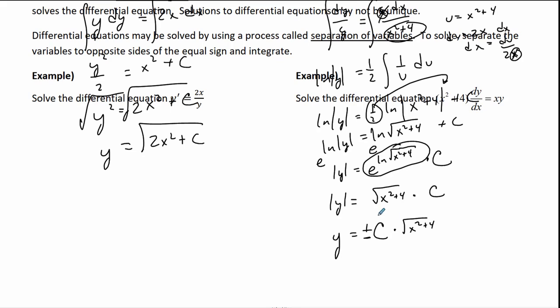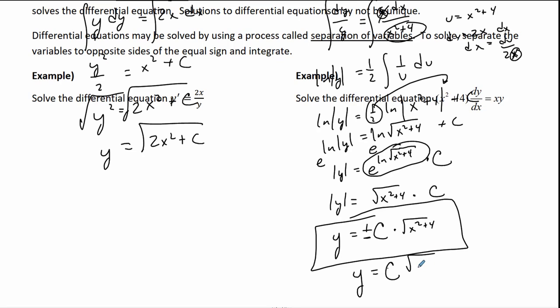Because this is your answer, more often than not, based on what the other work is, this is also going to be positive c square root of x squared plus 4. And the reason why is because c is still a number. So plus a number, minus a number, this is still a number. Well, I don't know why I did that. I should have just done c. So this is still a big C here, and so that's why I can do that.